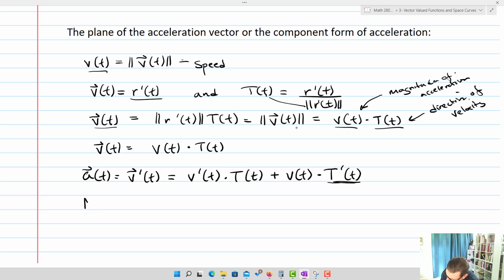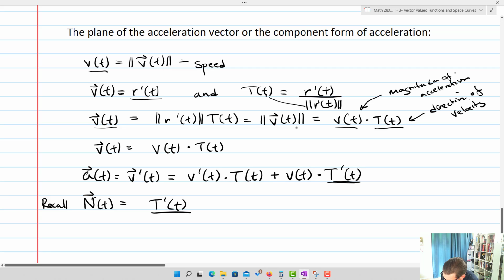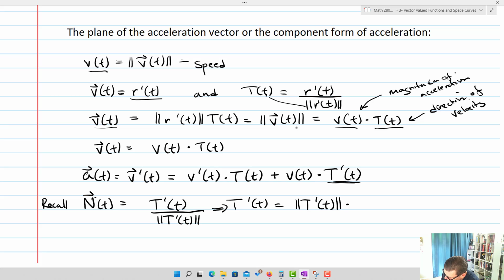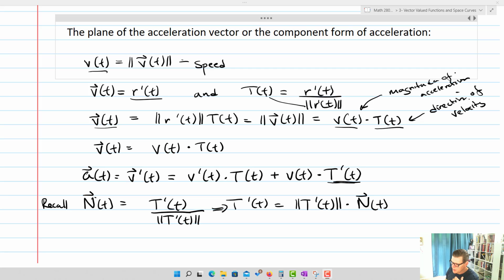Recall that the normal vector N(t) is equal to T'(t) divided by the magnitude of T'(t). So what does that mean? It means that T'(t) equals the magnitude of T'(t) times the normal vector N(t).